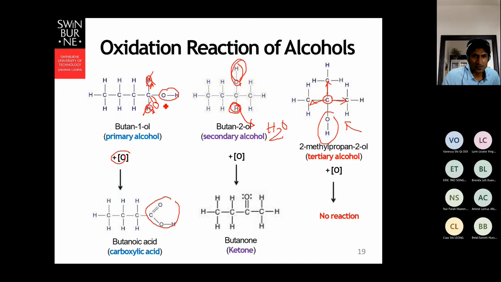Now the carbon has two arms free, and both of these arms will bond with the oxygen to produce a ketone. So first degree alcohol produces a carboxylic acid, second degree alcohol produces a ketone. Third degree alcohol has nothing to remove, so it does not do any reaction.